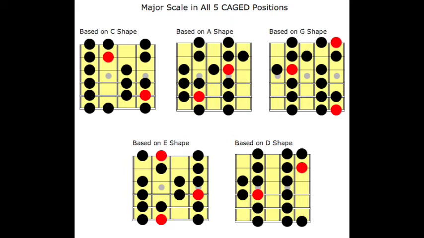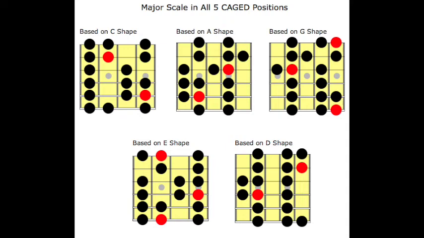Okay, so starting on the top left corner, it says based on C shape. So what that means is that is the major scale based on the C chord shape.